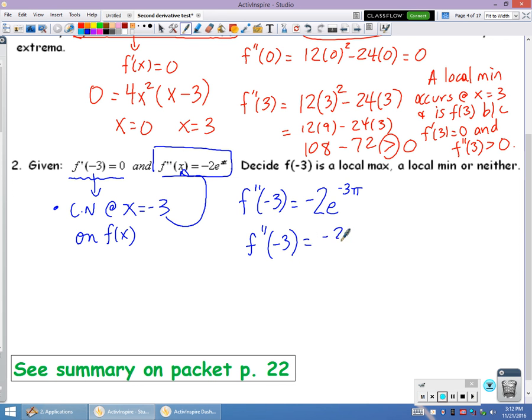So that'll be negative 2 divided by e to the 3 pi. So in the numerator, I have a negative number. In the denominator, e to a power is going to be positive. So that's going to output a negative.